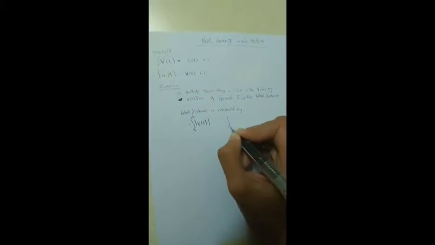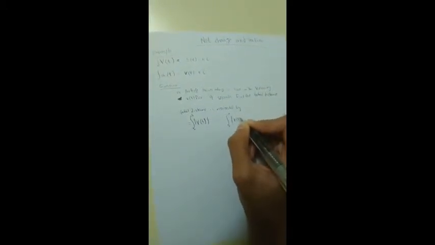In this case it is from 0 to 9, so a would be equal to 0 and b would be equal to 9, of the absolute value of v(t).